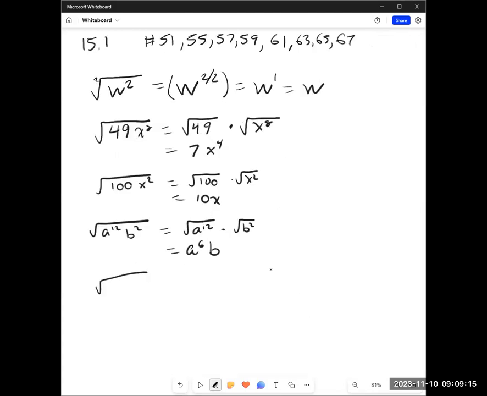Now I have the square root of 81, a to the 12th, b to the 18th. It's going to be the square root of 81 times the square root of a to the 12th times the square root of b to the 18th. The square root of 81 is 9. 12 divided by 2 is 6. 18 divided by 2 is 9.